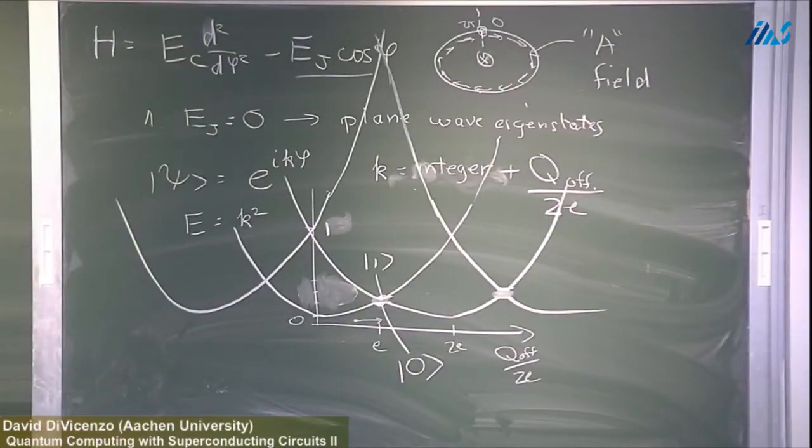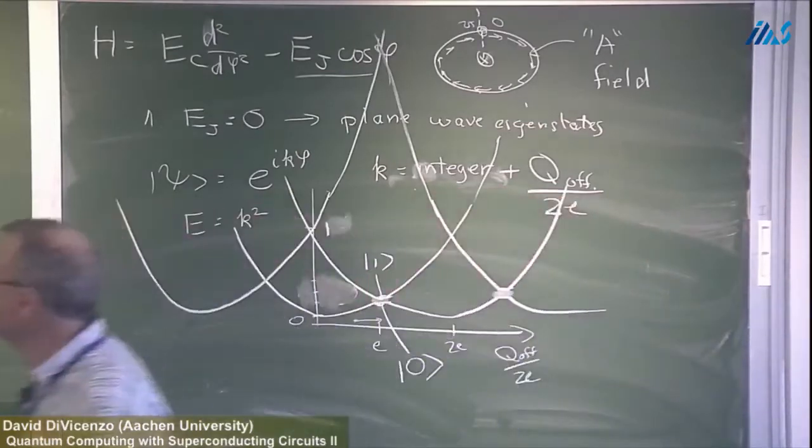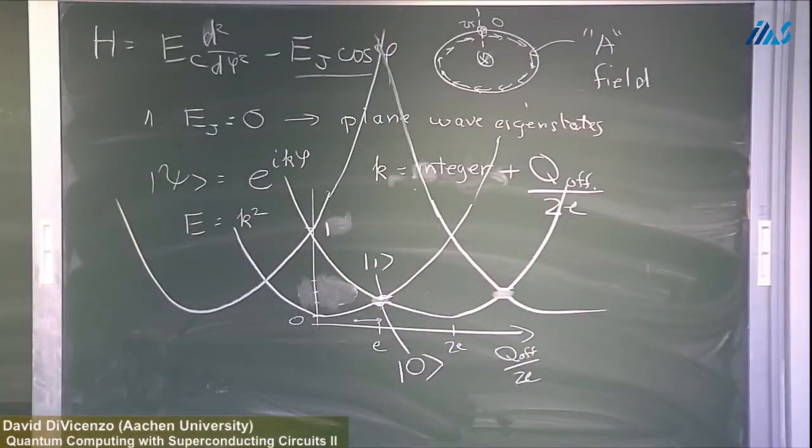Presumably, you're breaking the degeneracy by turning on EJ. What was the tunable parameter that got you to E on the horizontal? Well, this Q offset. So it's a setup rather like this. I thought you were doing the original. No. Well, okay.